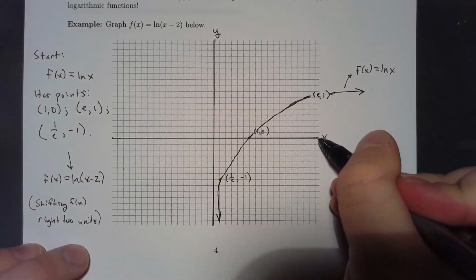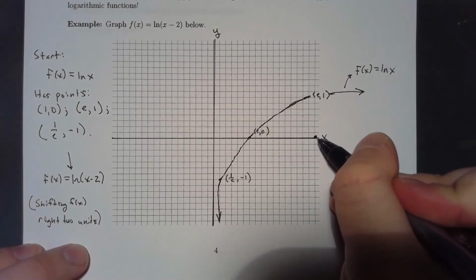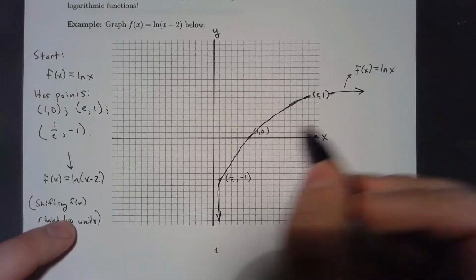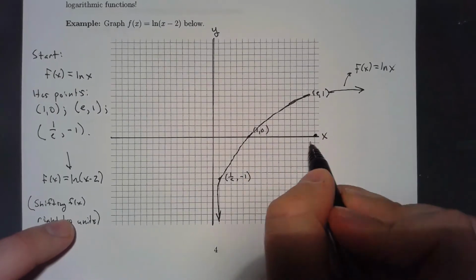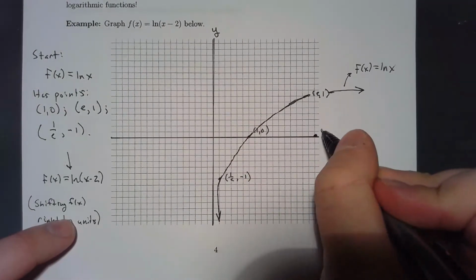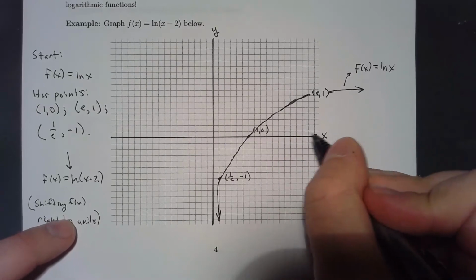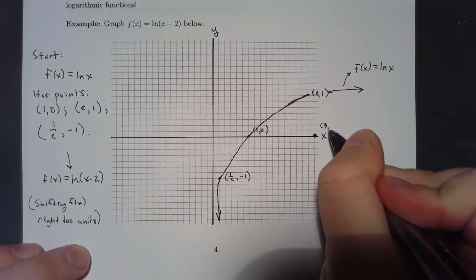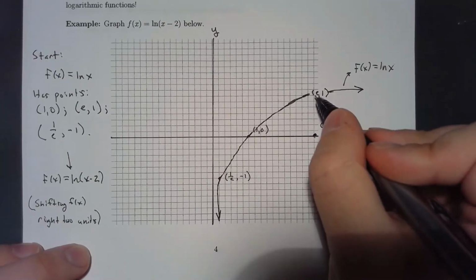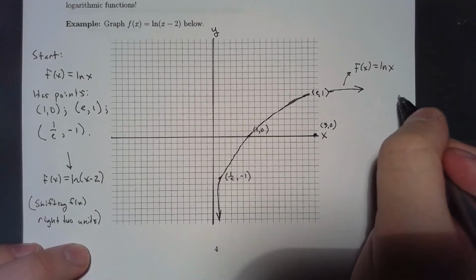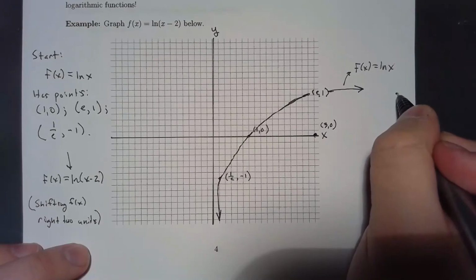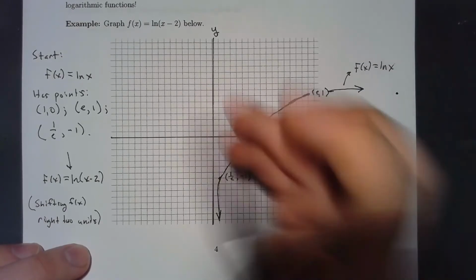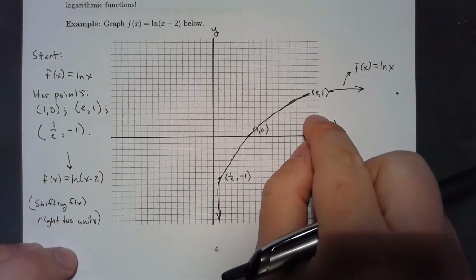So if this is (1, 0), then, this is a rough sketch, obviously, but if I shift that 2 units to the right, then that'll be the ordered pair (3, 0). I'm shifting the x coordinate to the right 2 units.